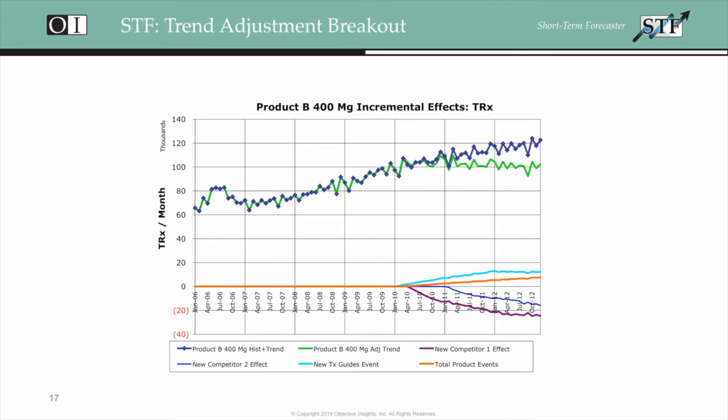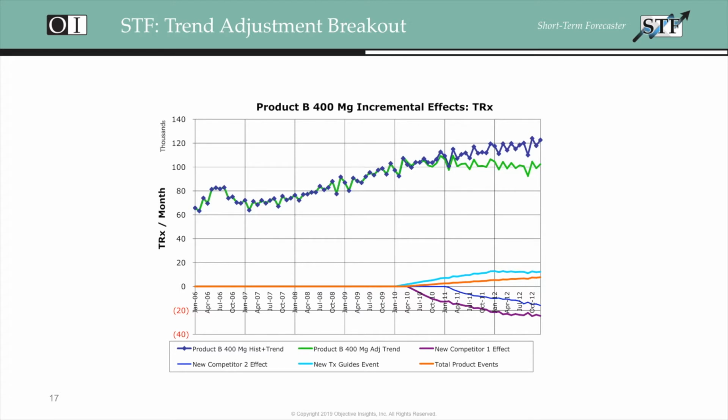And here's another graph showing the two different forecasts. So at the very top we have a blue line with symbols, and that is the base market. That's the product's history plus trend. And then down at the bottom we have a number of events, and if the event is below the axis, it's a negative event, such as new competitor 1, that purple line.